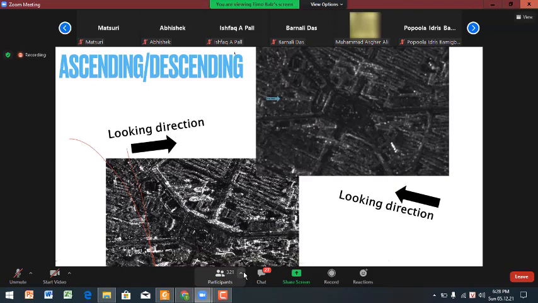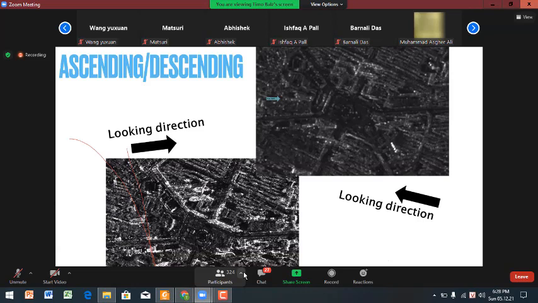So you have one time, basically an east to west direction, not exactly, there's a 10-degree difference, and a west to east direction. The image here below is ascending, right? It's an ascending image.